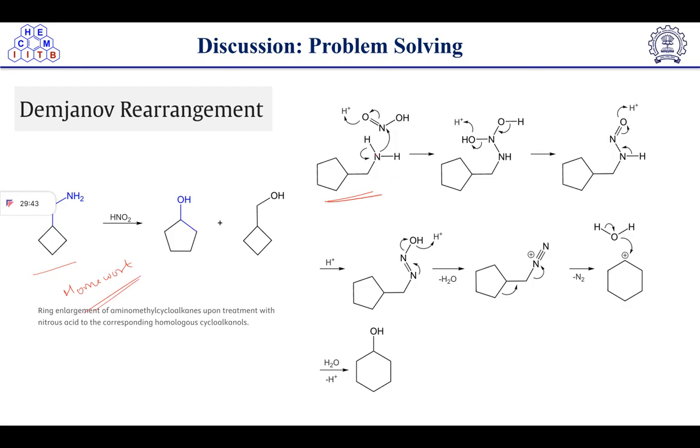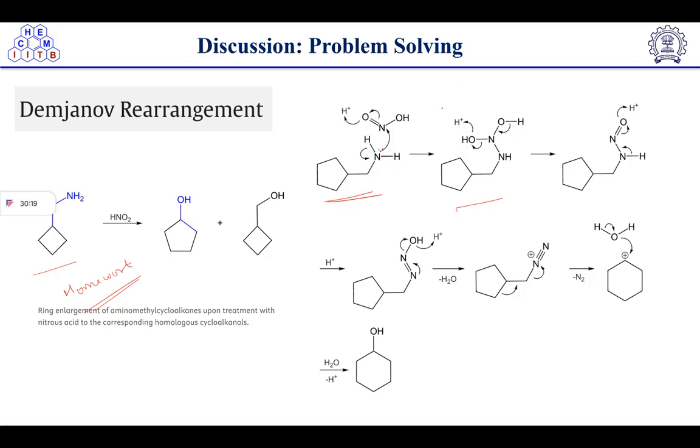So here you can see we have nitrous acid, correct? Now the lone pair of nitrogen will always act as a nucleophile. We have seen this in previous examples. It will attack the nitrogen and this bond will get open up and it will take up the proton. Correct? After taking the proton, it will become this intermediate. Okay? Because this reaction is in acidic condition, proton is available.